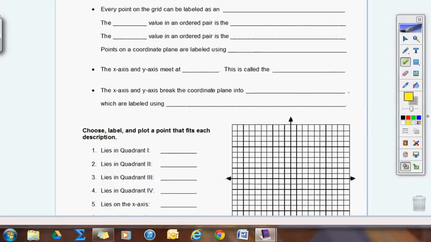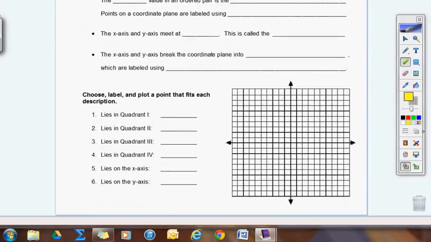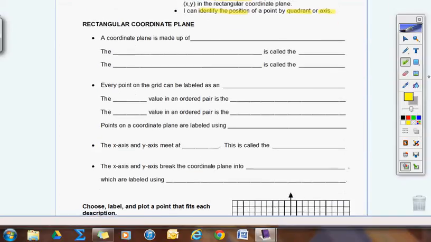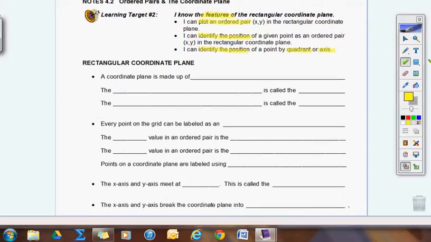Down below we've got an example of the rectangular coordinate plane, which I'm sure you've seen before. A coordinate plane is made up of two perpendicular number lines. This is a pretty fancy word that we're using here, perpendicular. You might have heard that in some other classes before.